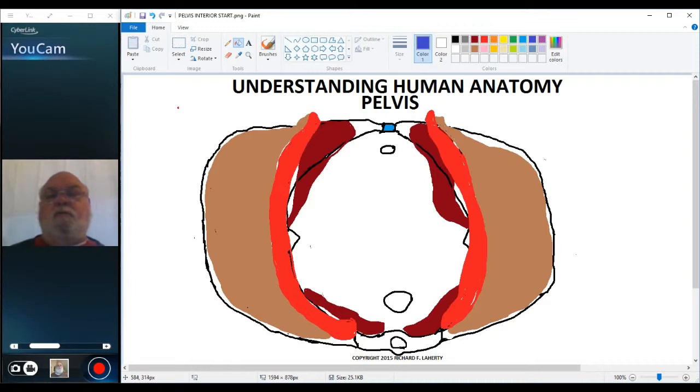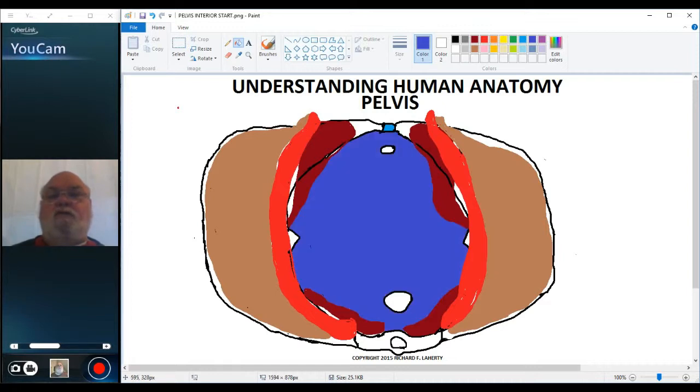The two muscles that make up the diaphragm are levator ani, and remember that levator ani is made up of several muscles, and it's also made up of coccygeus.